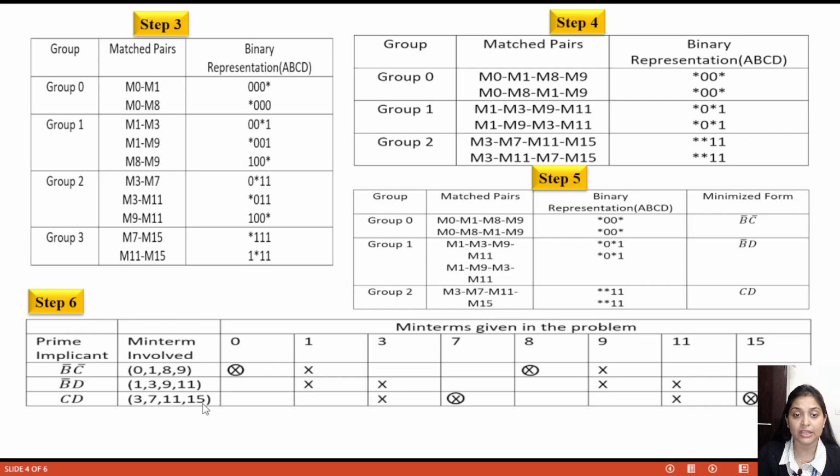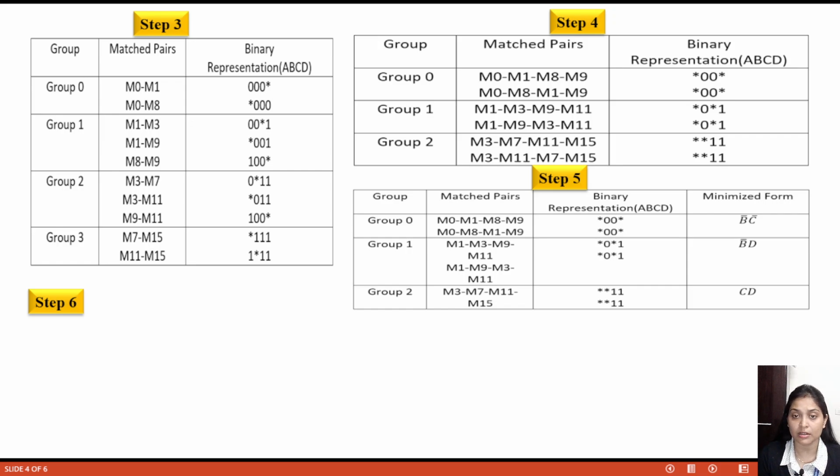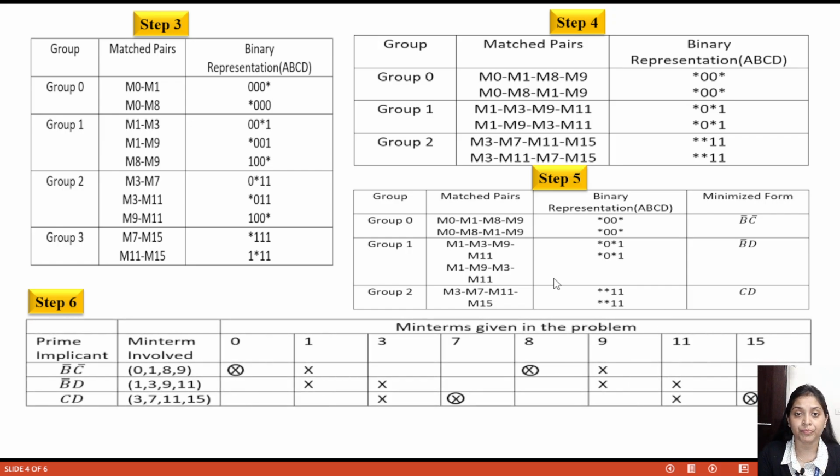Now the minterms given in this problem, that means whatever problem you have seen, these numbers are given in the summation of m, like that question you have already seen in the previous slide. That means Y equals summation of m bracket 0 1 3 7 8 9 11 15.